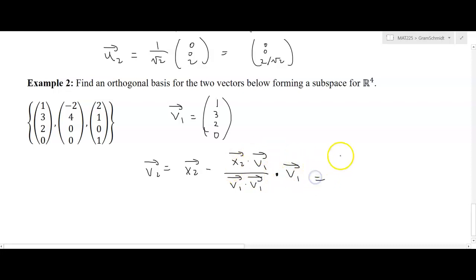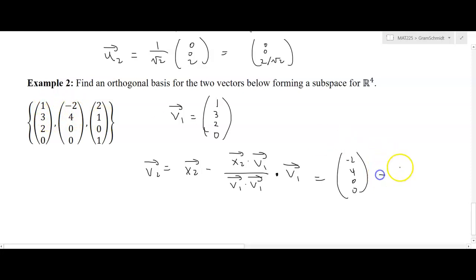Let's see if we can do this. So x2 is going to be the (-2, 4, 0, 0) vector. When I dot x2 and v1, that's these two dotted together, I'm going to get -2 plus 12 is 10.